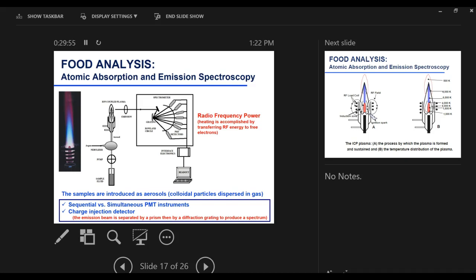So you can actually measure elements simultaneously. So you might have one for iron, for zinc, for calcium, for potassium, for whatever. So you have here 1, 2, 3, 4, 5, 6, 7 detectors. So you can measure up to 7 elements simultaneously. Because then you can select the wavelength, and then each wavelength gets directed to a photomultiplier tube detector.